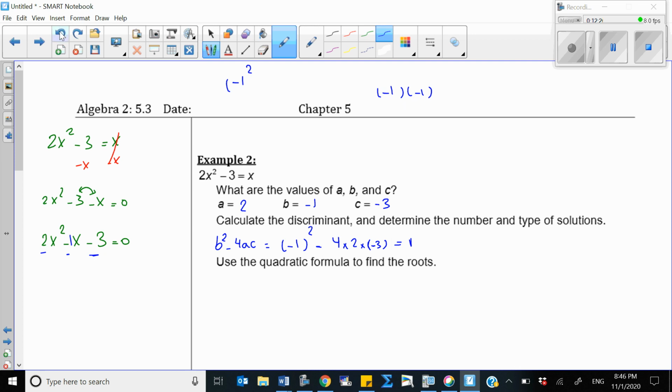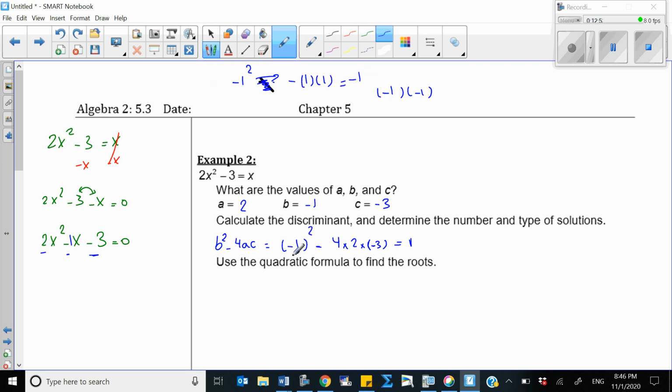The calculator assumes that you're asking it to find negative 1 times 1. So if you don't put this in parentheses, you're going to have the wrong answer, which is negative 1. That's not what we want.